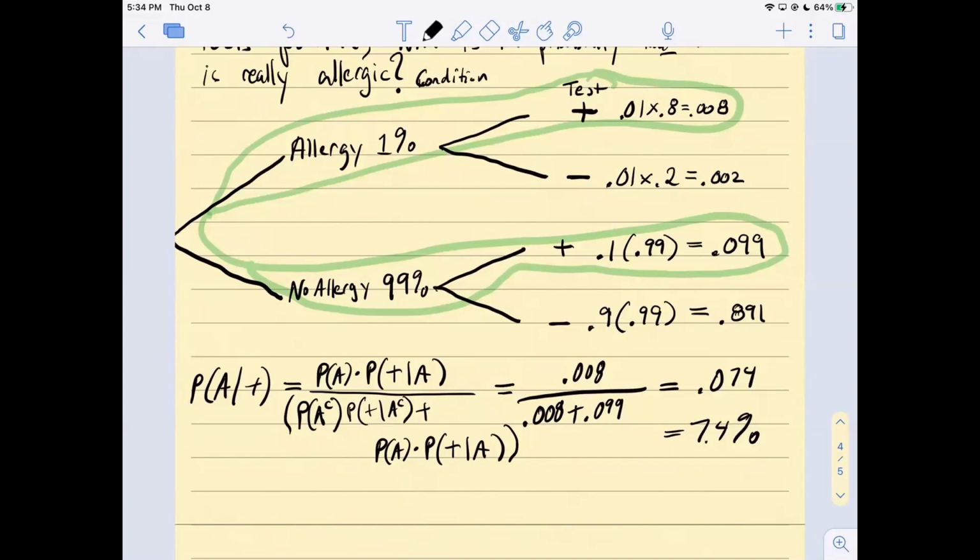That's kind of a big thing. And we're using the information that they have from the laboratory where everything is controlled to figure out, in the actual world, if we get a positive test, how we should interpret it. I have a question. So the 7.4 is that you tested positive and you actually have the allergy?